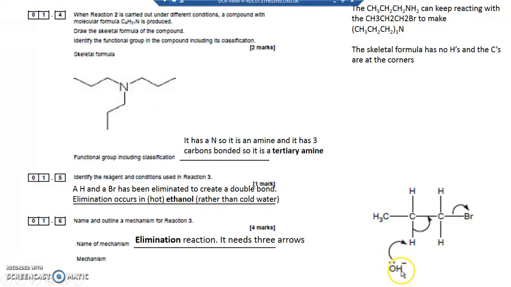This is acting now as a base and removing an H+. The electrons move in between the two carbons, and the electrons move from that bond, that C-Br, and it breaks the bond. It's an elimination reaction because water is removed using that H+ there, and a Br is removed, so this molecule becomes smaller. It's an elimination reaction.